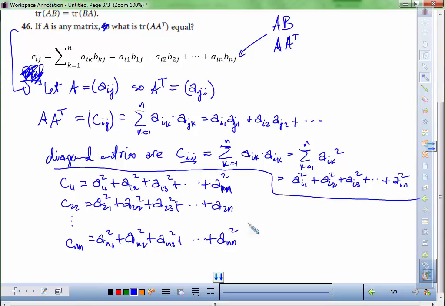So what's this whole thing equal to? It's just all of these things added together. So we add them all up, and then you've got the trace of A A transpose is equal to... is there any way?